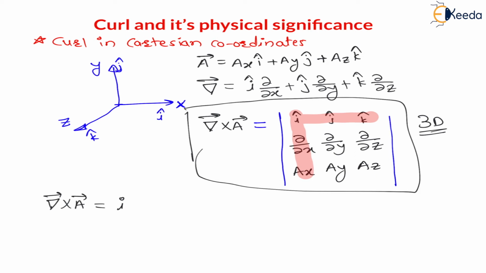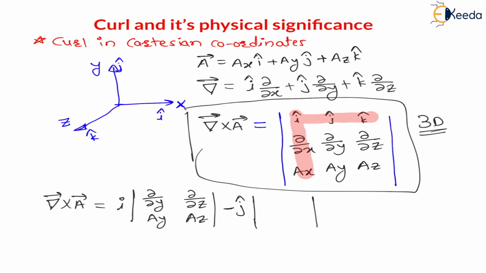Therefore we write the determinant of dou by dou y, dou by dou z, ay, az. Then the first is positive, then j is negative, therefore minus j cap. Then similarly we have to write the determinant of the remaining elements by deleting the row and column in which j falls.